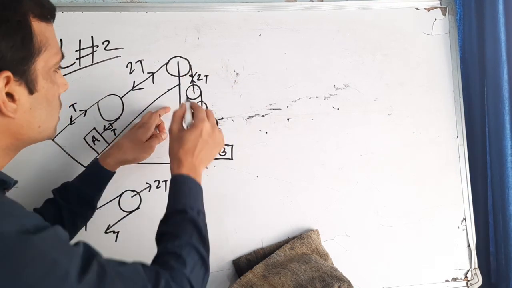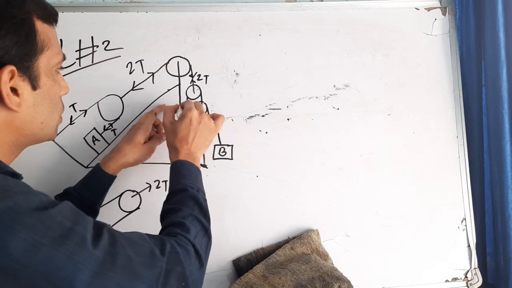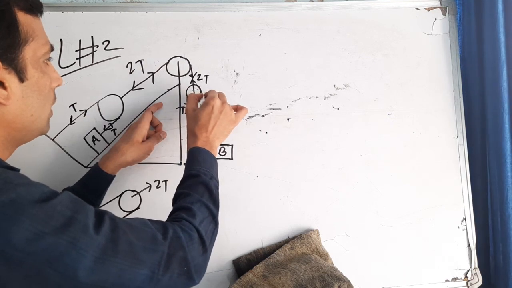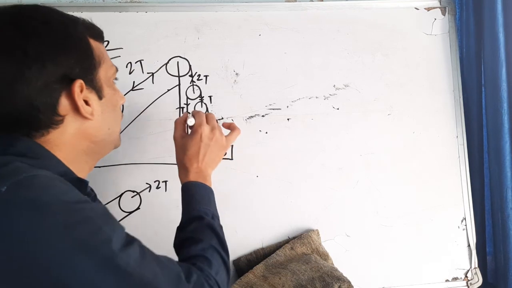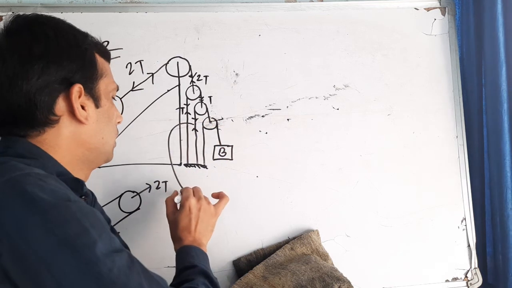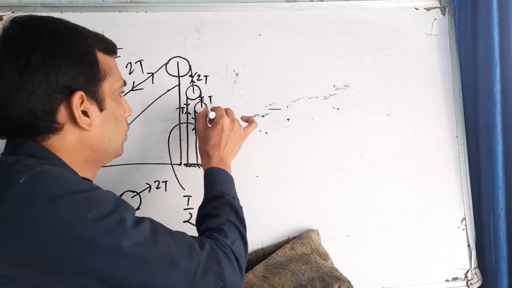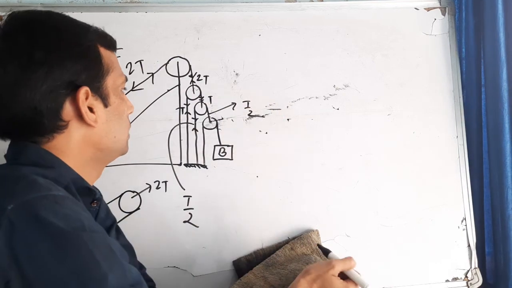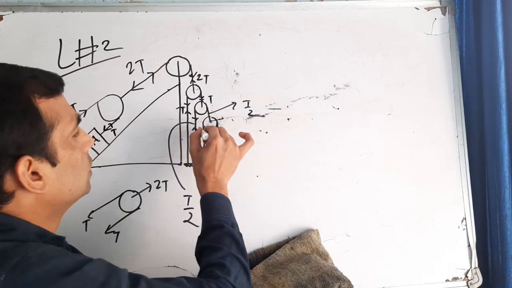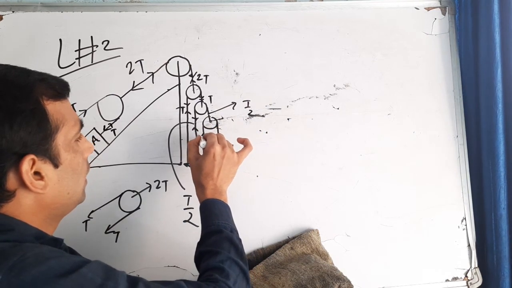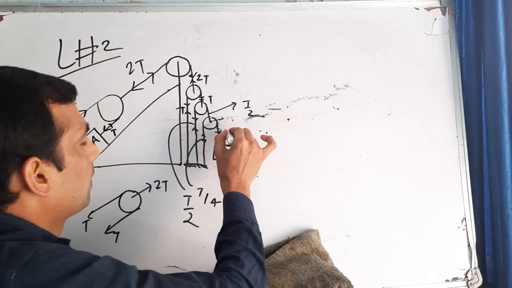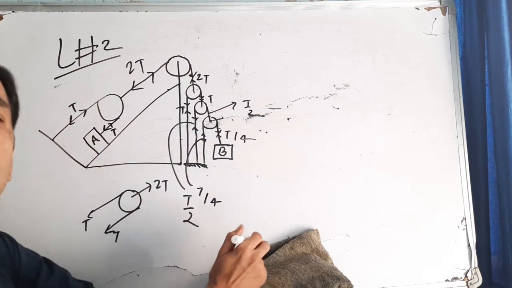Okay, 2T and 2T, this is basically T, right students, and this remains T. Okay, and this is what basically, students, you can tell T by 2, and again this is T by 2. Now T by 2 is basically in the upward direction, so you can say here is tension T by 4 and this is T by 4, right?